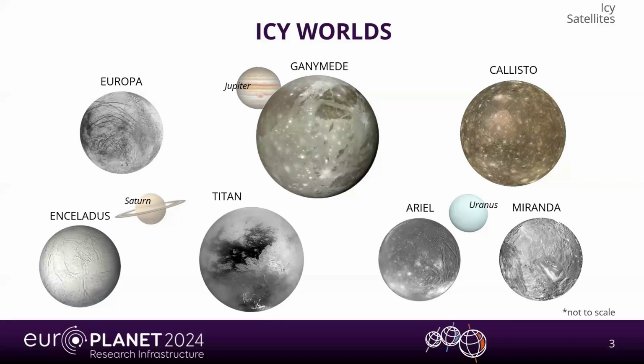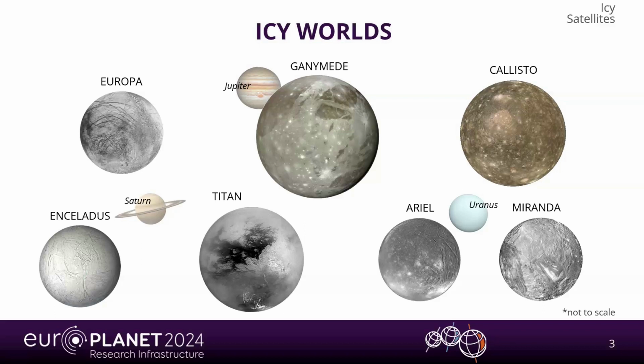Then to the Saturnian system that comprises several icy satellites, such as, for instance, Enceladus, Titan. Titan is the only body besides Earth that hosts liquids at the surface. So it is an interesting body in the outer solar system.